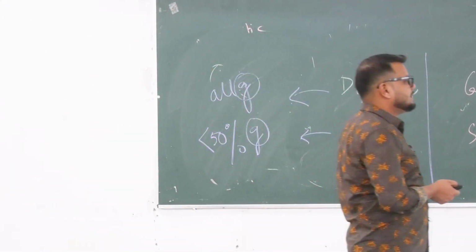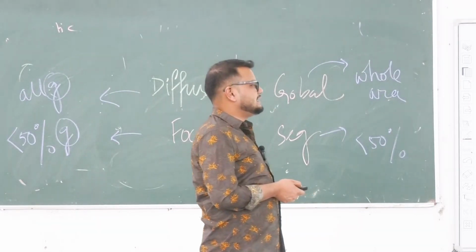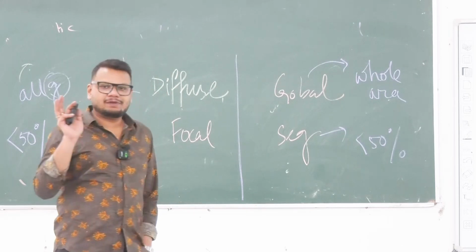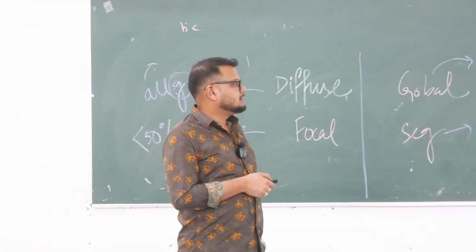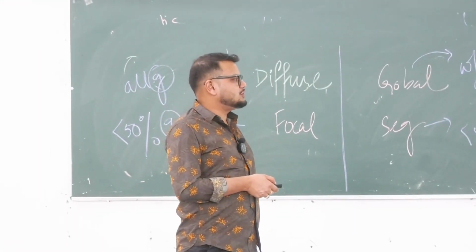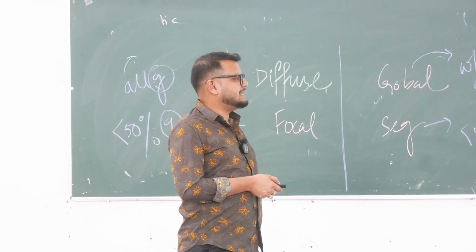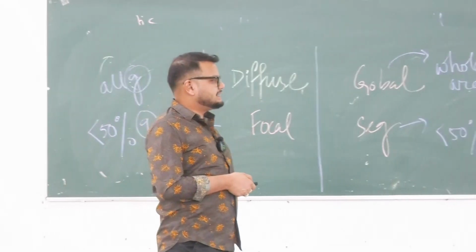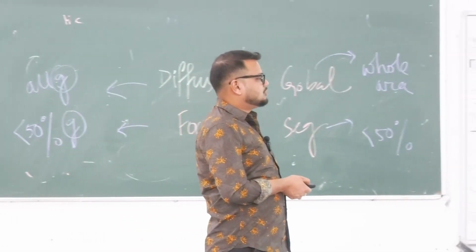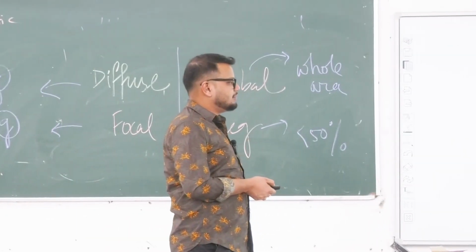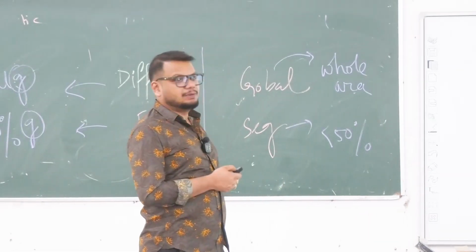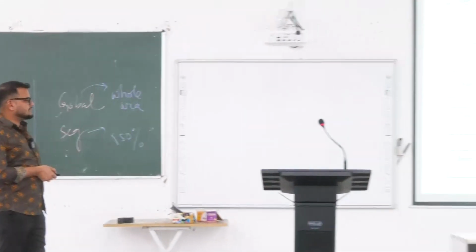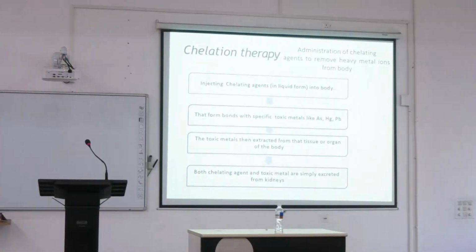What happens is that chelating agents are injected in liquid form into the body, or they may be given orally. Then they form bonds with specific toxic metals like arsenic, lead, etc. The toxic metals are then excreted from the tissue or organ of the body. Both chelating agent and toxic metals are simply excreted by the kidneys.